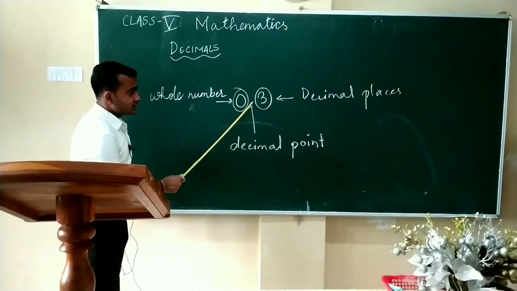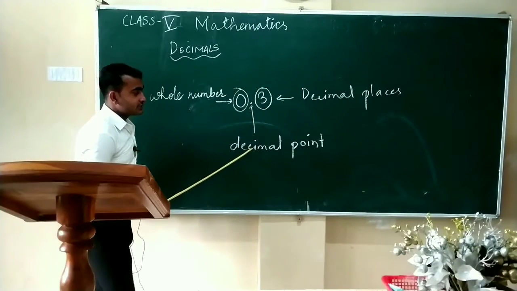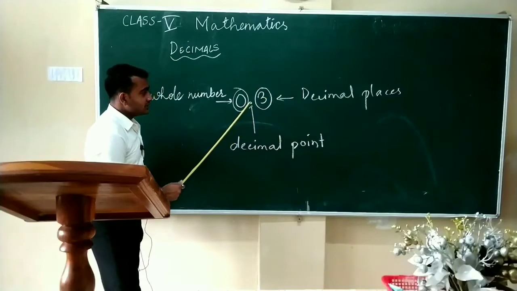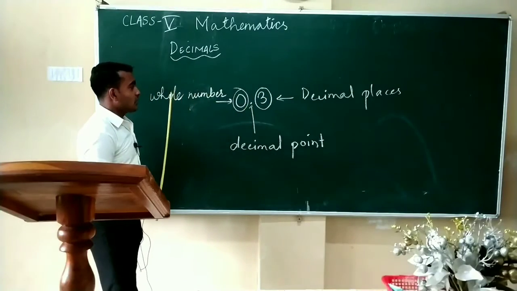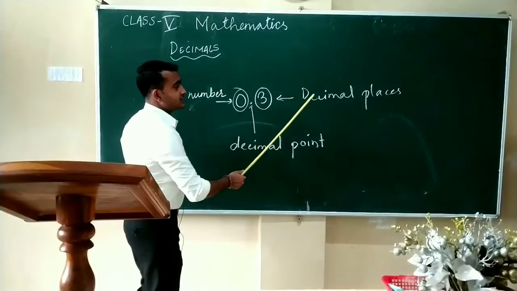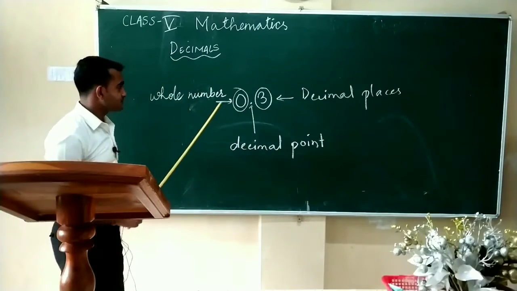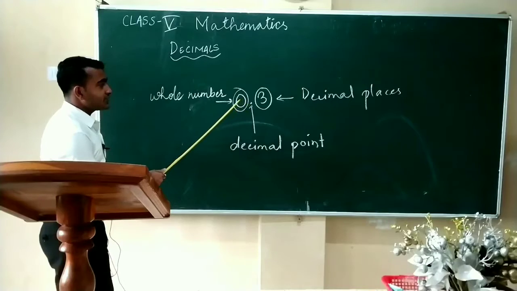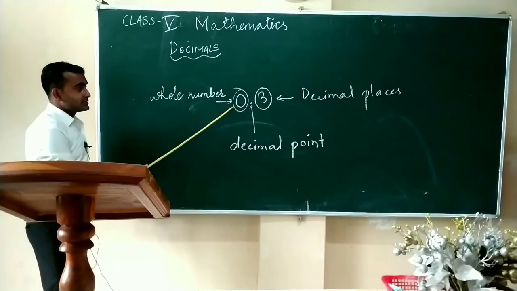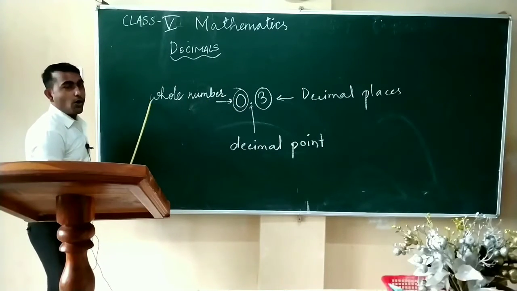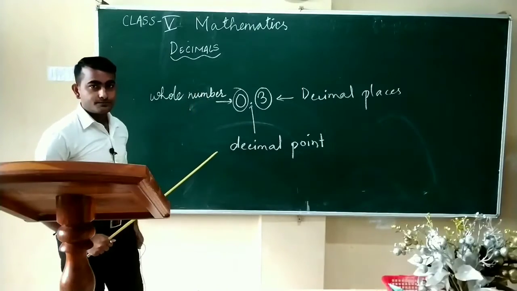And this point is said to be what? Decimal point. This point separates the whole number and decimal places. Okay? And before the decimal point, this number is said to be what? Whole number. Clear?